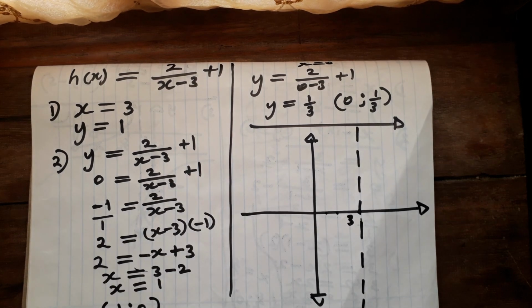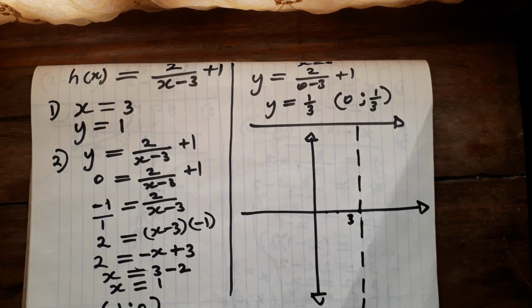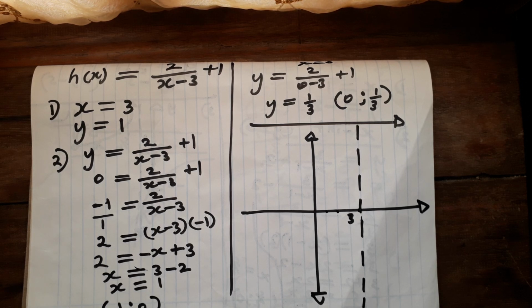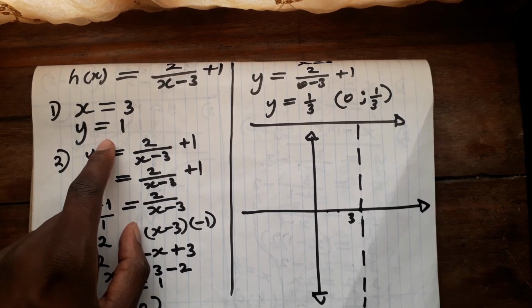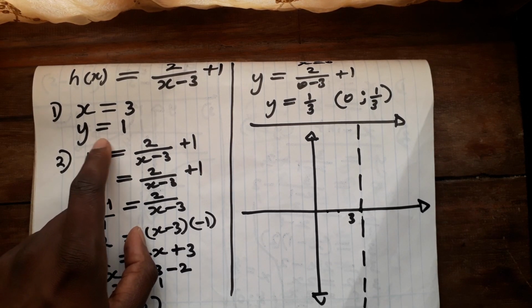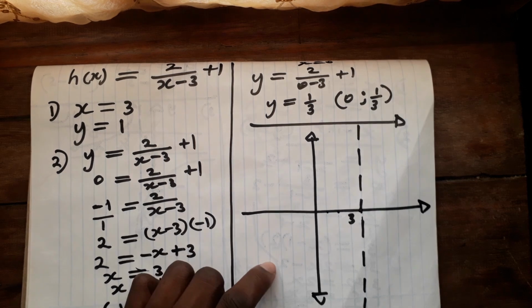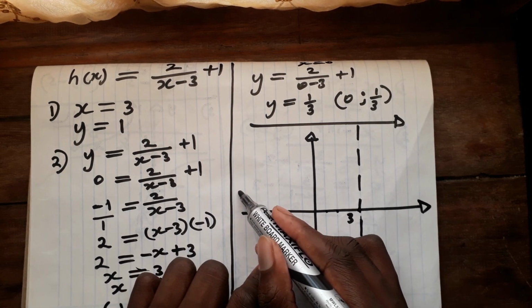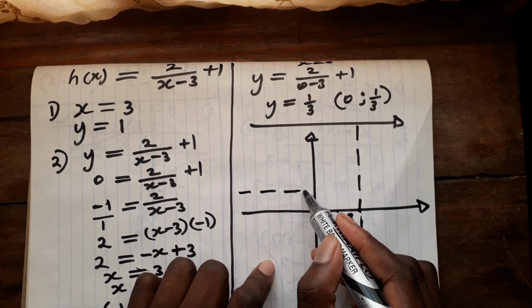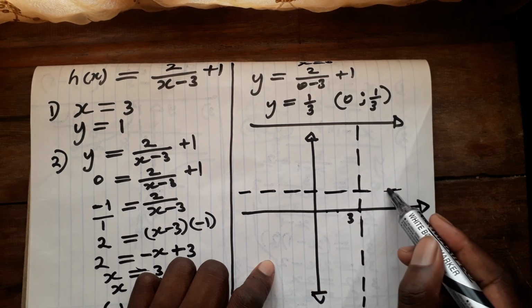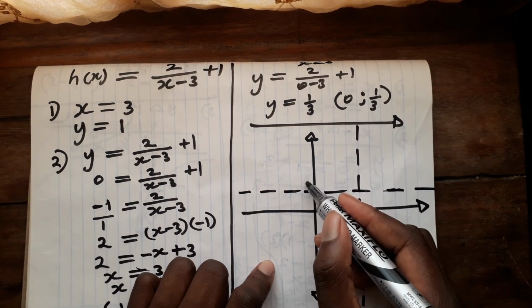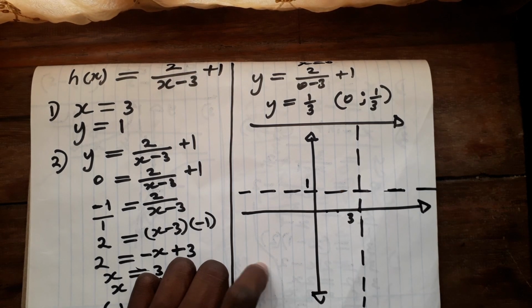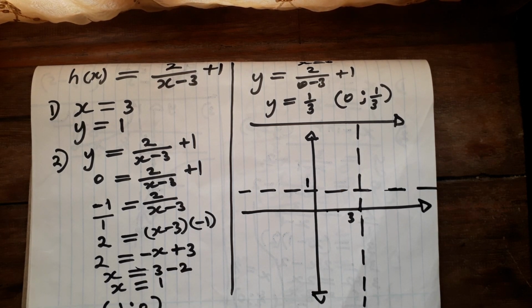Then what about 1 over 3? The y-intercept is 1 over 3, which is equal to 0,3333. Okay, and then we go to the horizontal asymptote. It's positive 1, which is going to be somewhere there. This is 1. And then what is the x-intercept?